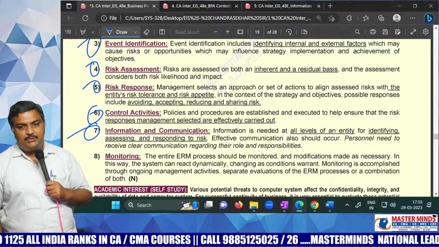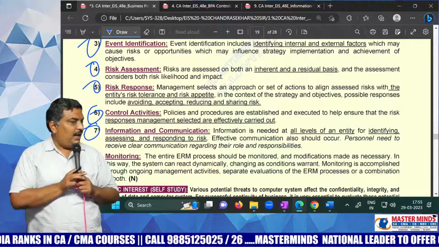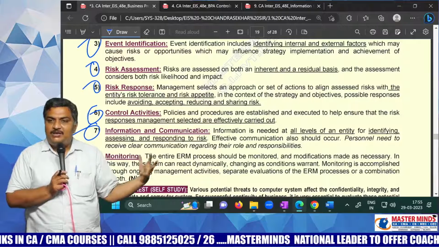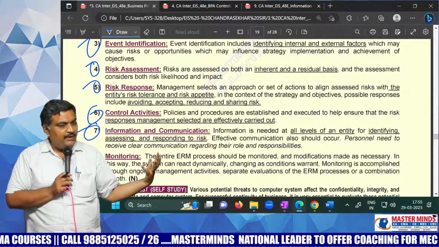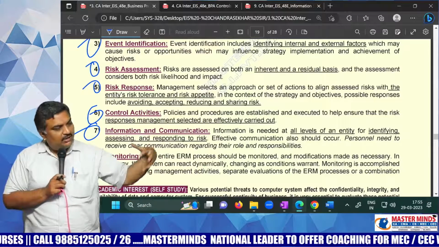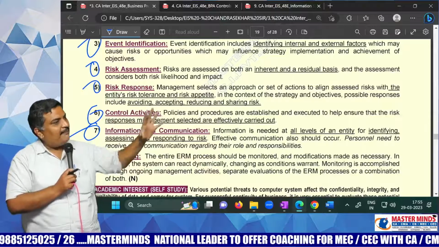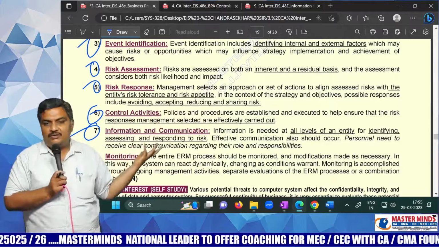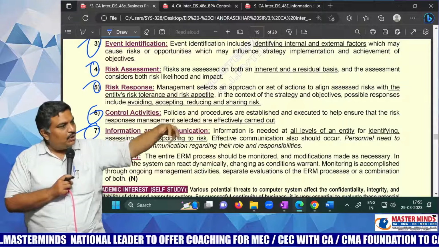Information and communication means what? For example, I am at the top level management and I did not educate my low level management and middle level management about risk response, risk and all these things. There is a very big risk and my low level management did not identify that. And one fine day the risk happened and I got heavy loss. So that should not be there. So I need to pass on the information to all the levels of the management.